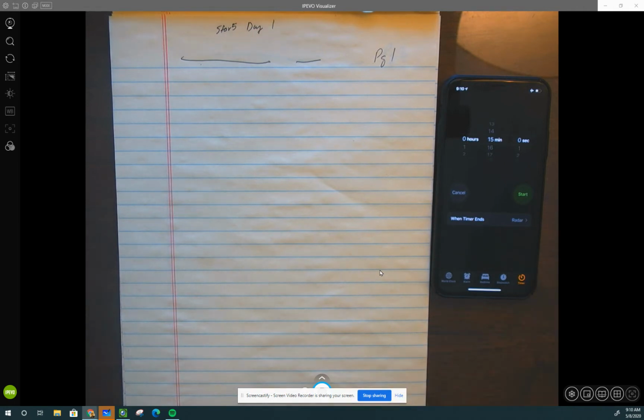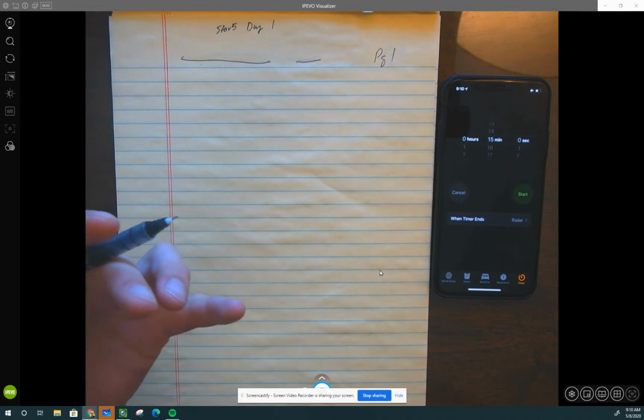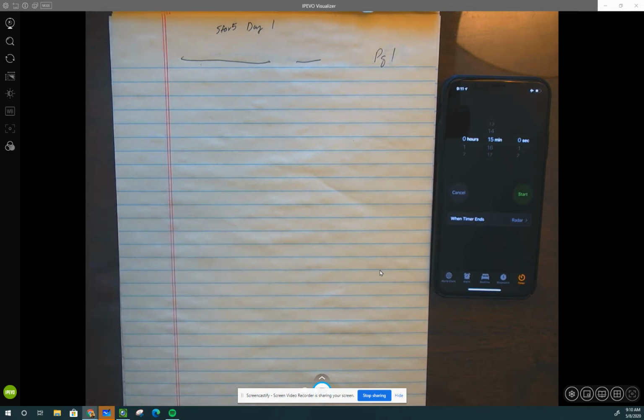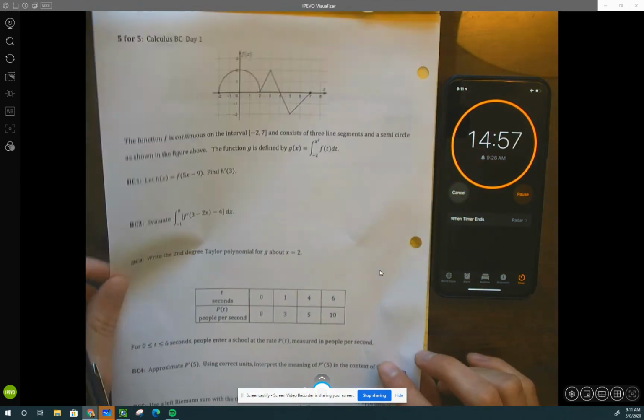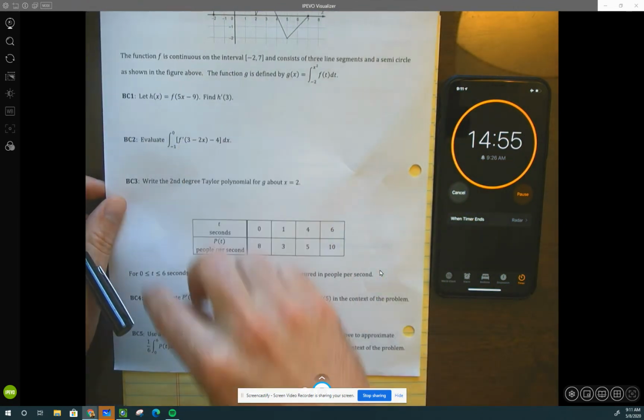So let's go ahead and see what we can do. I'm going to set the timer and then imagine I had never seen the problems before and see how many problems there are. And then from there, I'm going to parcel out my worksheets accordingly before getting to any math work. Here we go. All right, so the test was given to me. I see I have a BC 1, 2, 3, 4, 5.